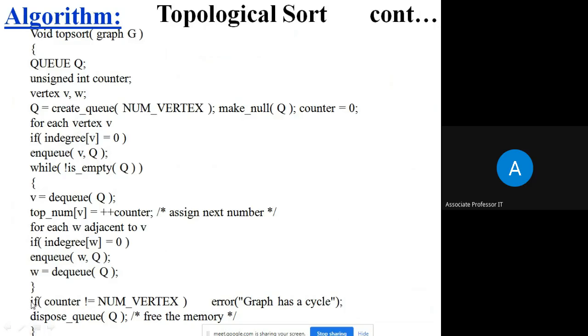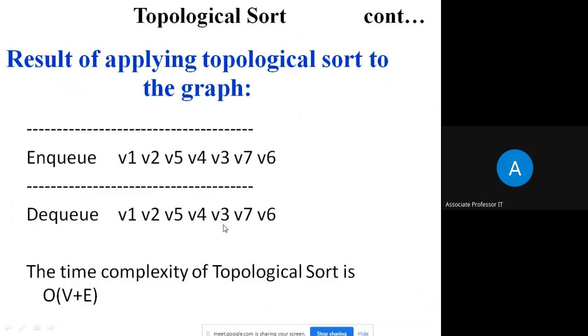So, if counter not equal to number of vertices, an error occurs because the graph has a cycle. This is for the no-cycle format. Now dispose the queue and free the memory. Is it clear?